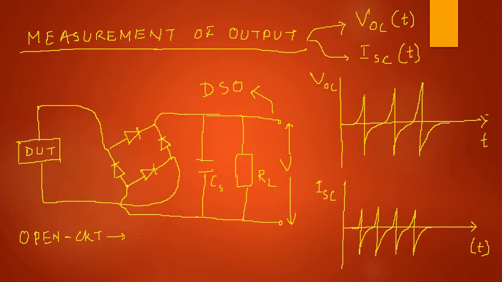Open circuit means your load resistance is infinity, which cannot be an infinite value actually, because some load has to be connected.